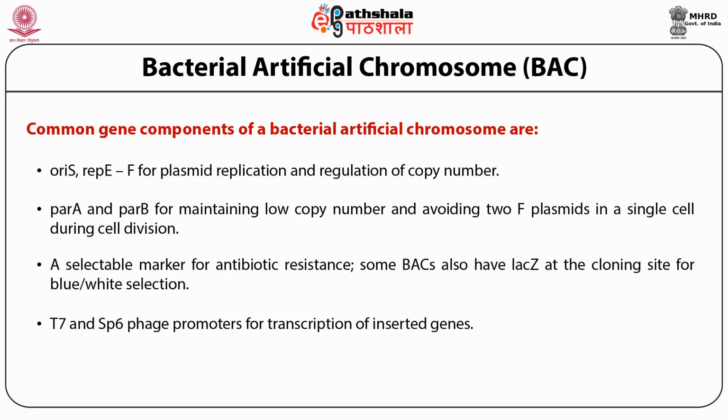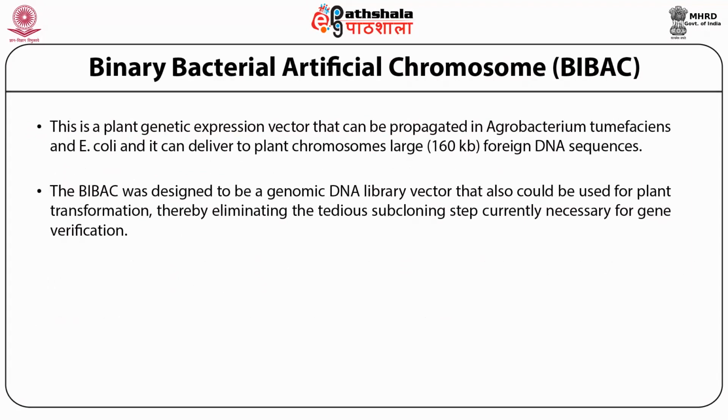Another class of bacterial artificial chromosomes are binary bacterial artificial chromosomes. The development of bacterial artificial chromosome system should greatly reduce the time and effort involved in the gene verification step and allow for rapid introduction of valuable agronomic traits into unrelated plant species.